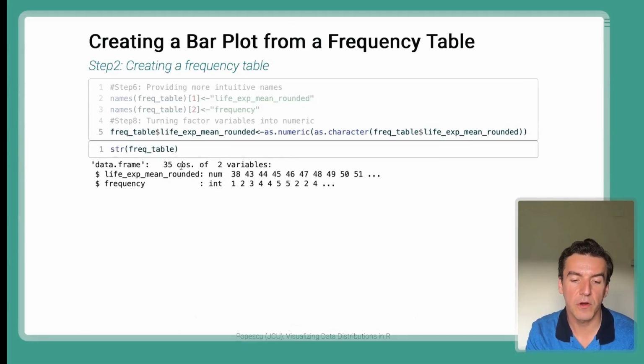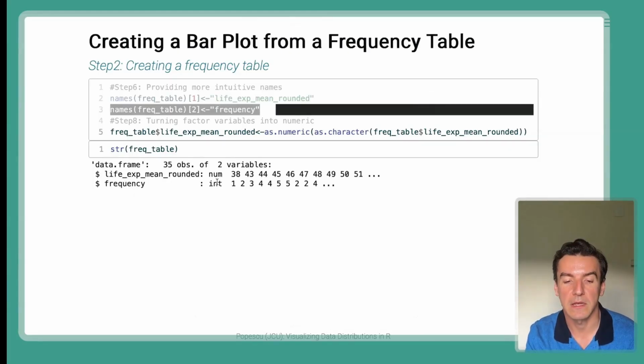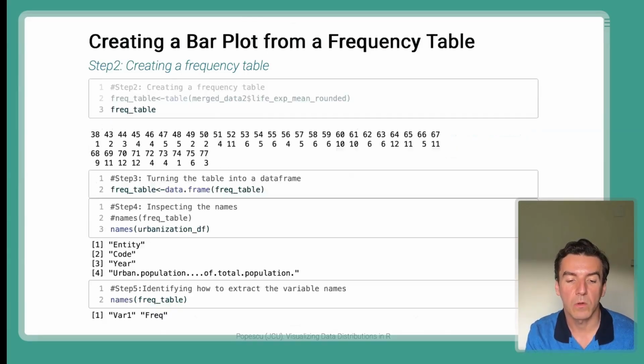And then just to confirm, we have 35 observations and two variables. Those two variables are called life expectancy rounded and frequency. This is because of these two steps, the first step and the second step. Otherwise, this and this would be called var1 and frec.